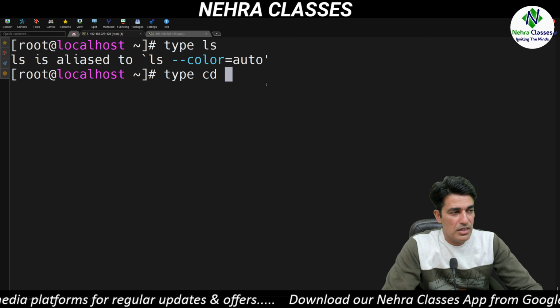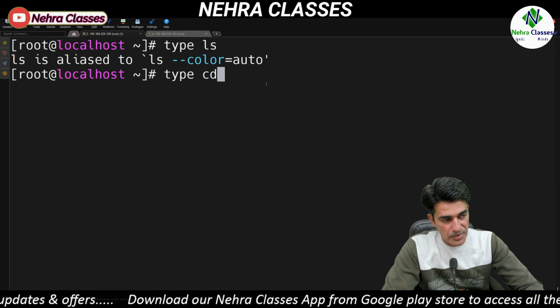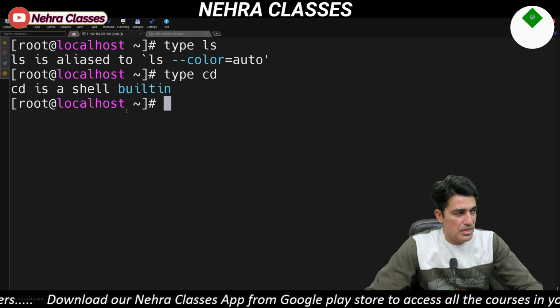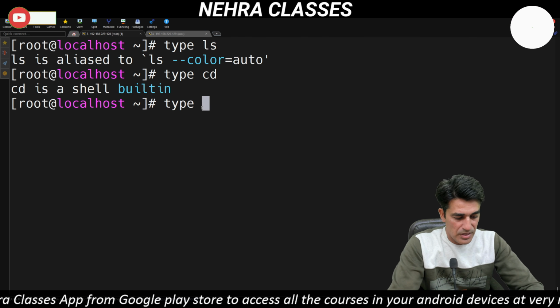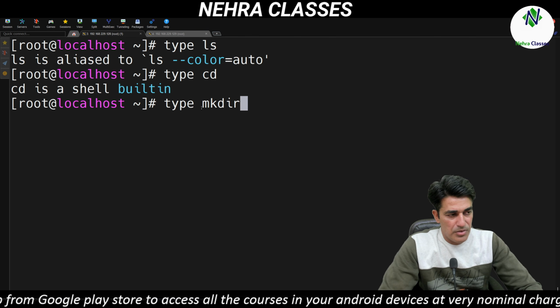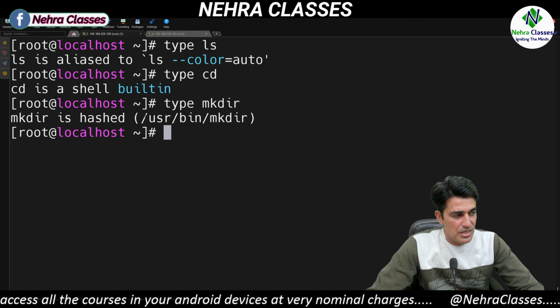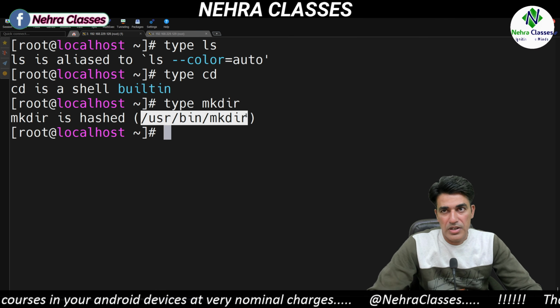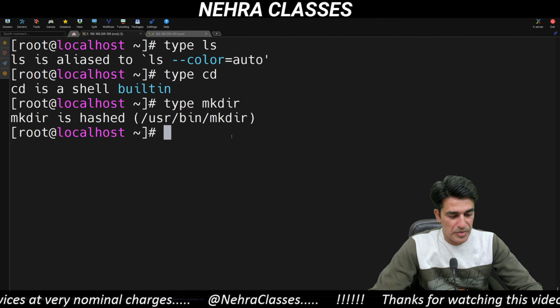If I check the type of the cd command, I know cd is a shell built-in command, so it shows that cd is a shell built-in. Similarly, let me run type for mkdir. It is hashed. Hashed means it is getting executed from this binary location. This is the binary file of mkdir.